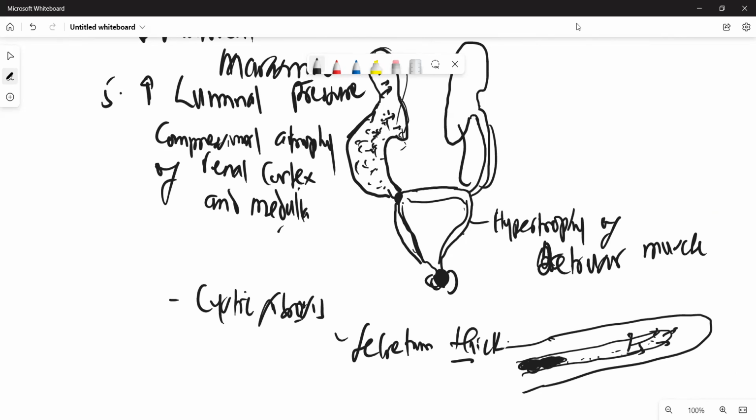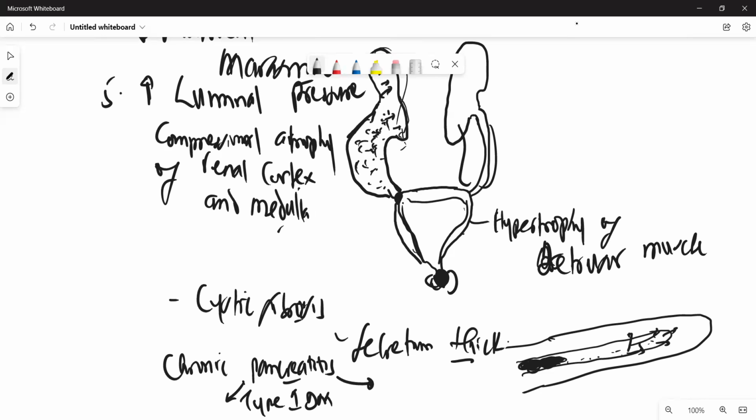Compressional atrophy. Which explains why these patients can develop things like chronic pancreatitis because of the repeated inflammation of the pancreas. And with chronic pancreatitis, with the destruction of the pancreas, they could develop type 1 diabetes because they can't make insulin anymore, so they might need insulin.